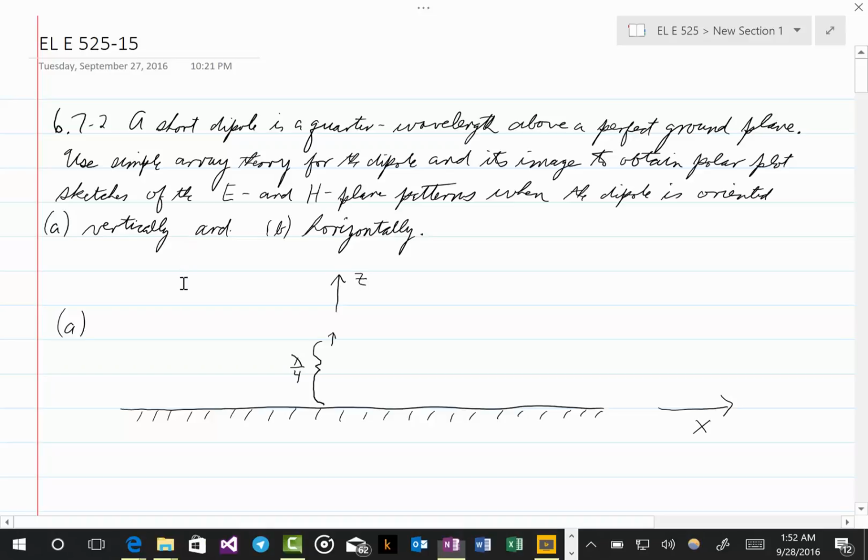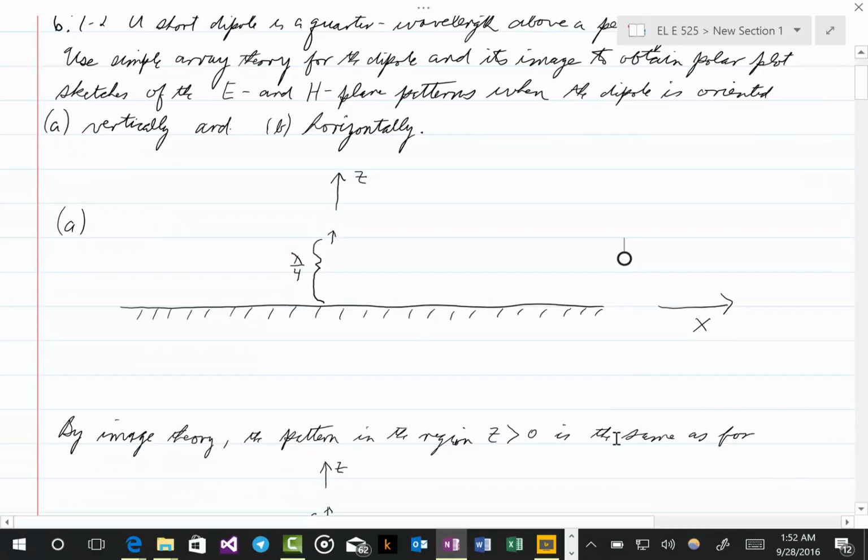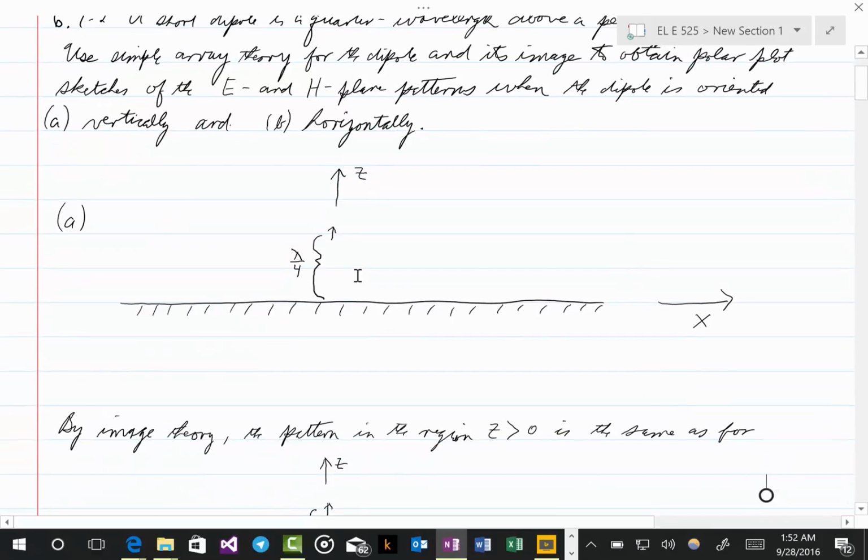And we begin with a picture to make sure we understand exactly what the situation is here. Here is your ground plane. We'll call this the X direction. This is the Z direction.